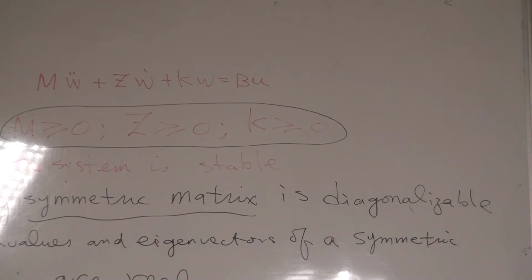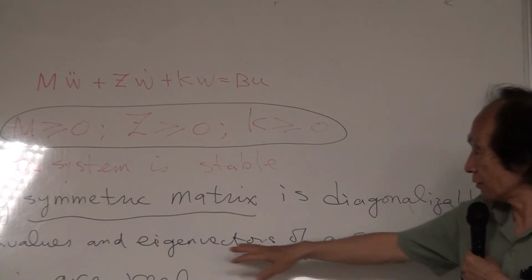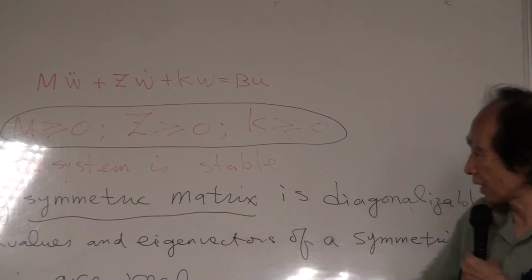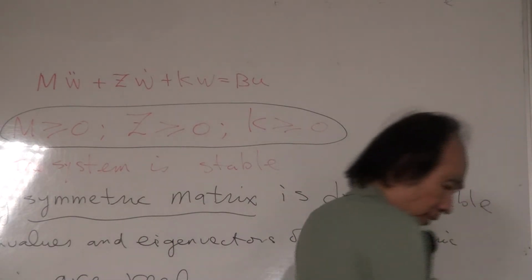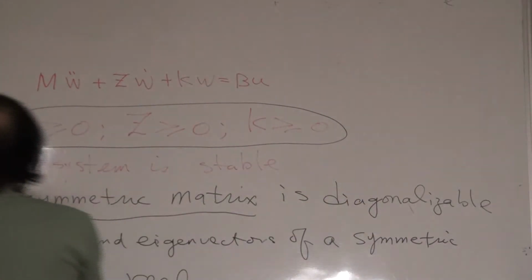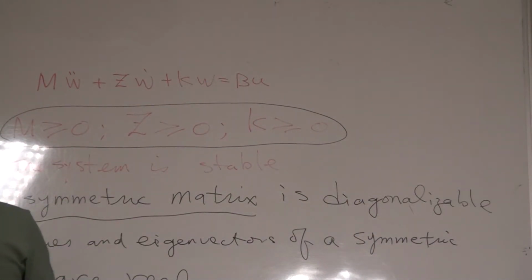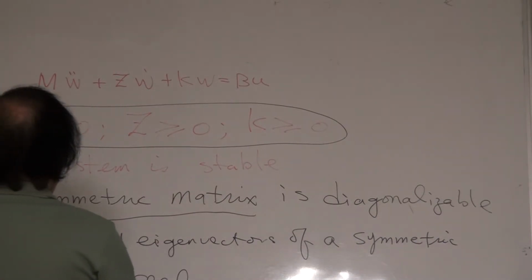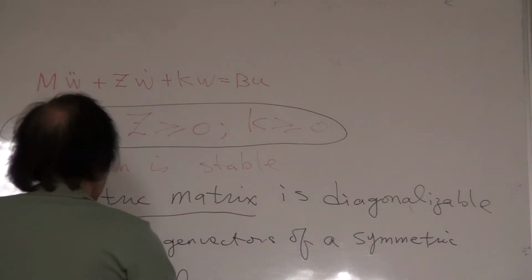And plus, the eigenvectors of a symmetric matrix are all orthogonal.